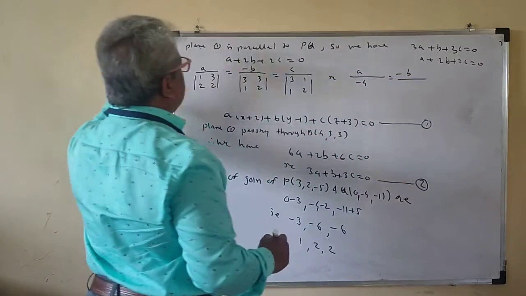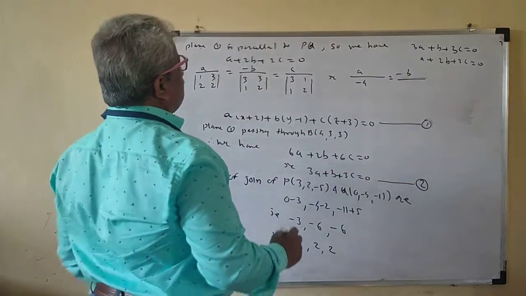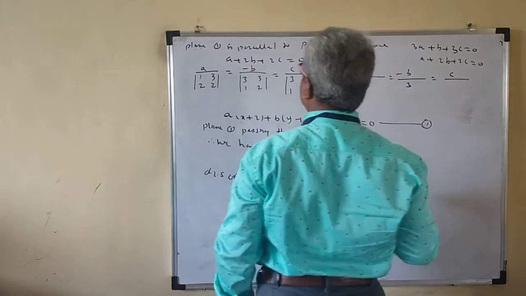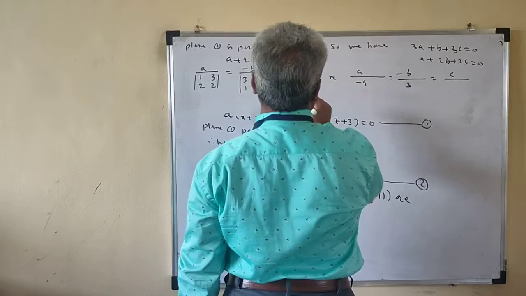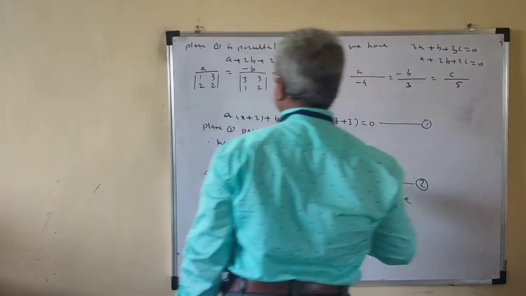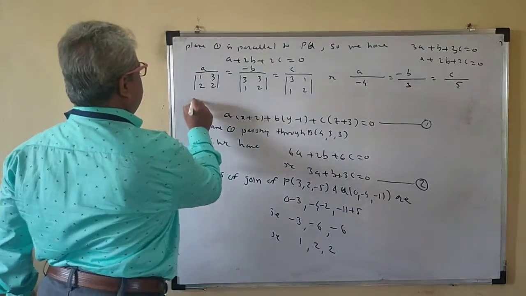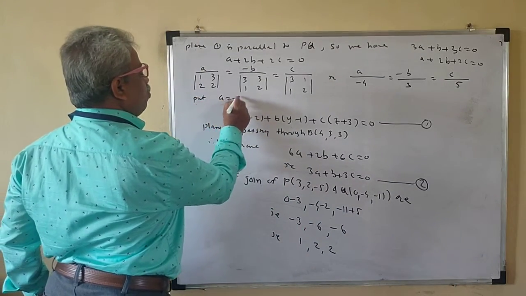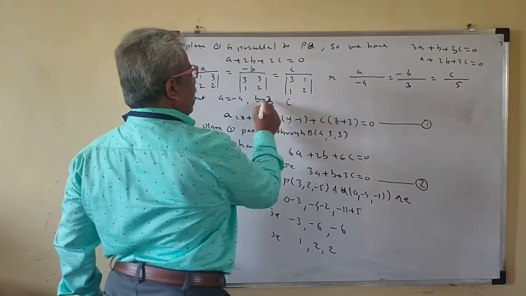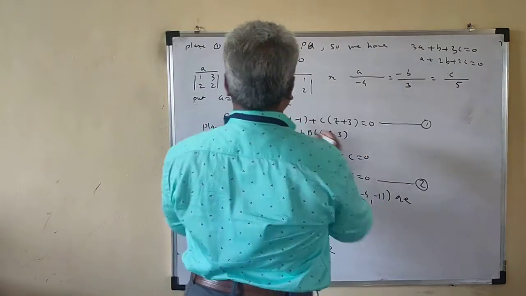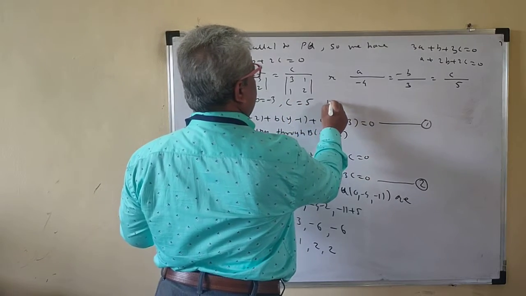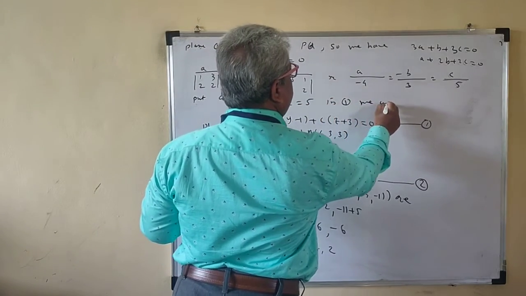Minus b upon 6 minus 3, 6 minus 3 is 3. And c upon 6 minus 1, which is 5. So a is equal to minus 4, b is equal to minus 3, and c is equal to 5. Put in equation 1.